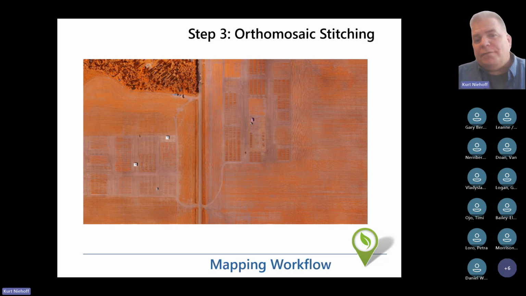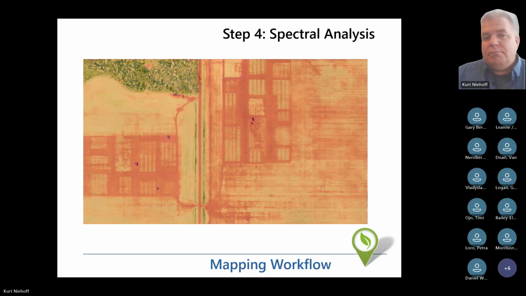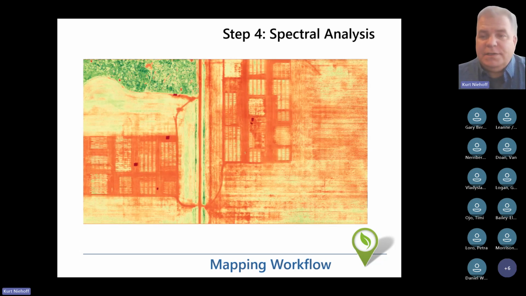So step 4, after you've created this orthomosaic, is to then do the analysis on it. By false coloring these images and doing math on the individual data points, it really makes the data easier for humans to interpret.